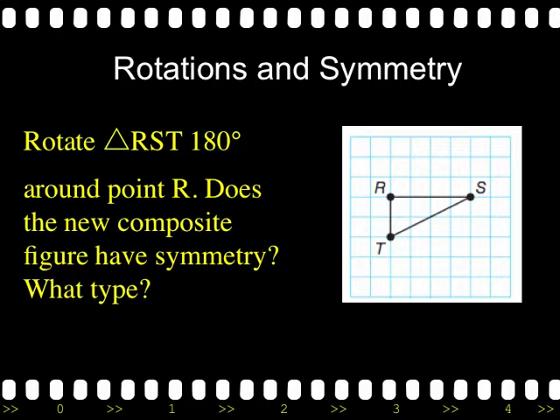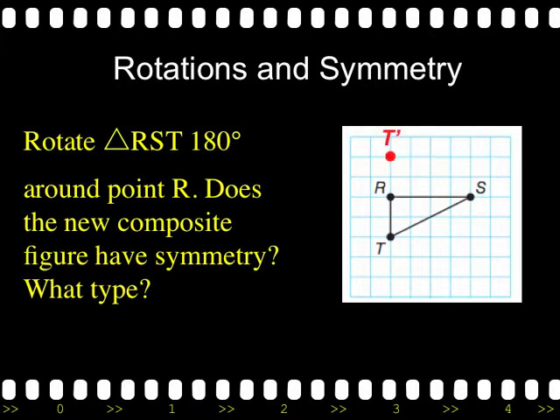So if I were to rotate this triangle 180 degrees around point R, basically I want you to consider 180 degrees is a straight line. So let's take line segment SR and extend it towards the west. Let's take line segment RT and extend it north instead of south.